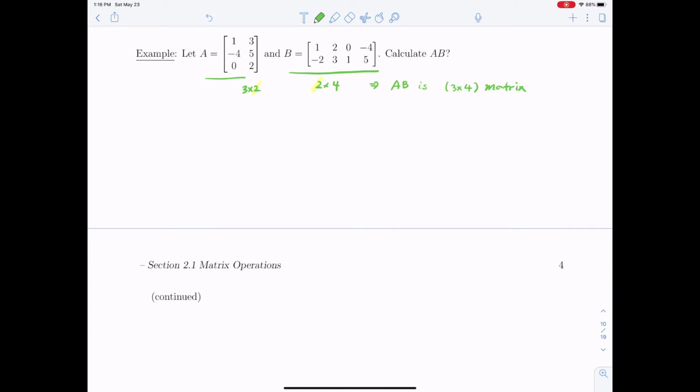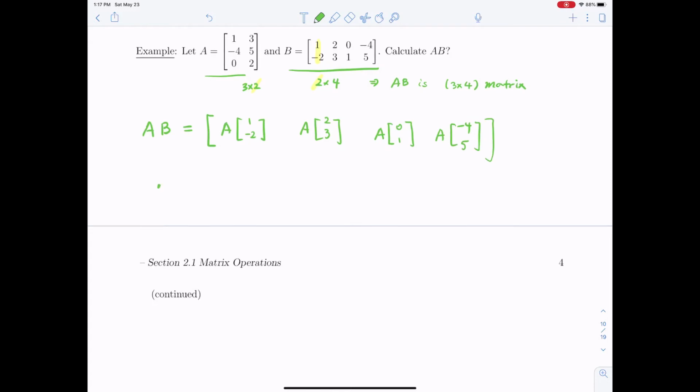By definition, A times B equals A times the first column of B, which is 1, negative 2, and A times 2, 3, and A times 0, 1, and A times negative 4, 5.